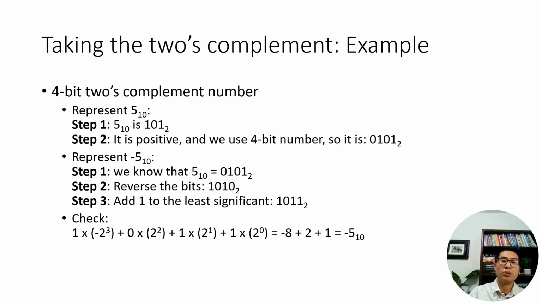So again, here is the example of how we represent number 5 in a binary sequence, and how we convert that positive number 5 into negative number 5 by taking the two's complement algorithm.